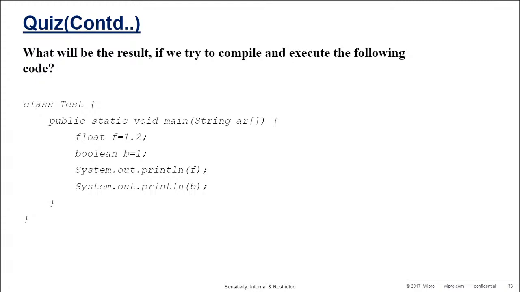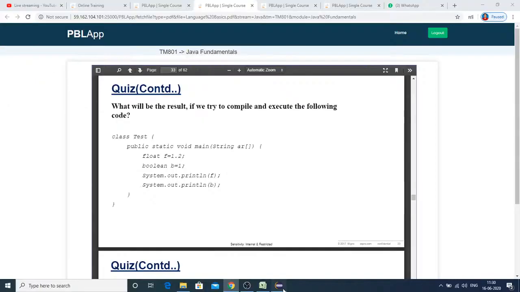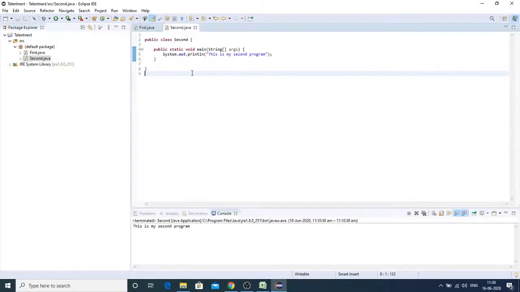So what you are supposed to do there is typecast it, or append f, small f. Here you can see, suppose I'm giving float 1.2.